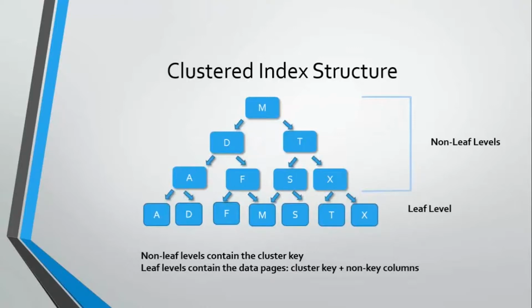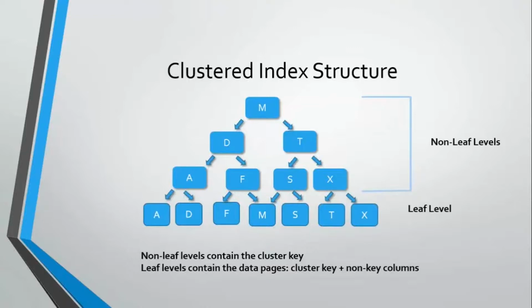You have a lot of options. You can override that. But because it makes sense in many cases, and also because that's the default behavior, you almost always get your primary key being your cluster key. Inside your non-leaf levels, what's stored there is your cluster key, and then obviously pointers to other nodes. The leaf level contains data pages.